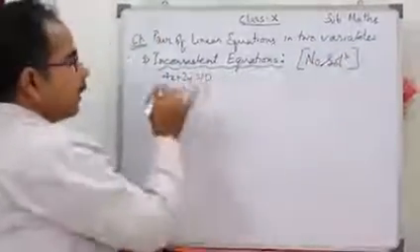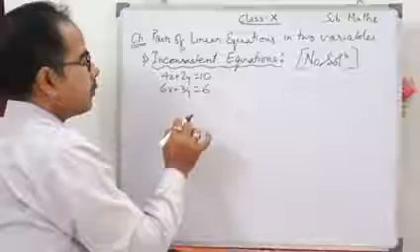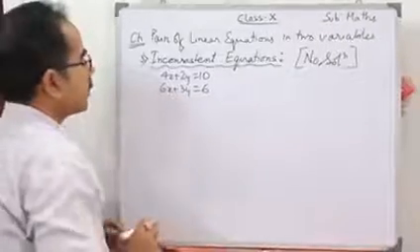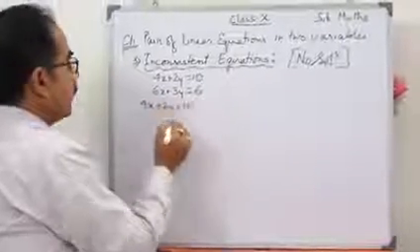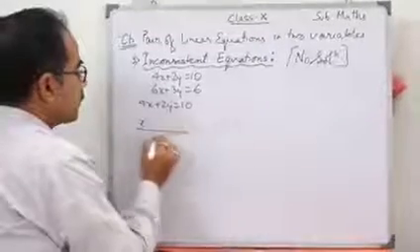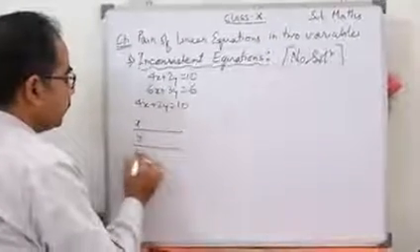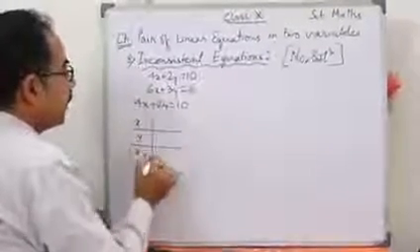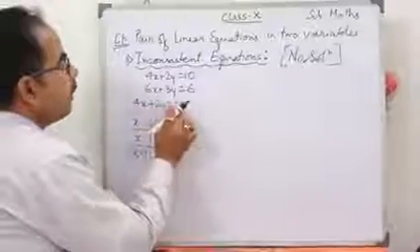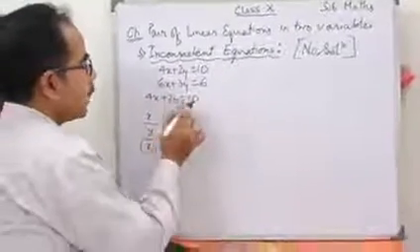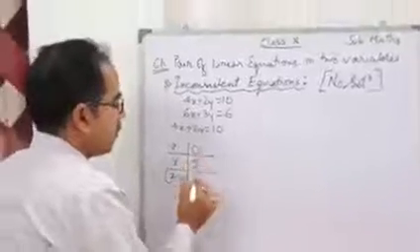So I have taken one example here, 4x plus 2y equal to 10 and 6x plus 3y equal to 6. Let us take the first one, 4x plus 2y equal to 10. Let us check it out. If I take x equal to 0, then y will be 10 by 2, that means 5.